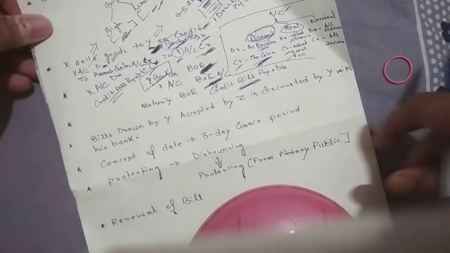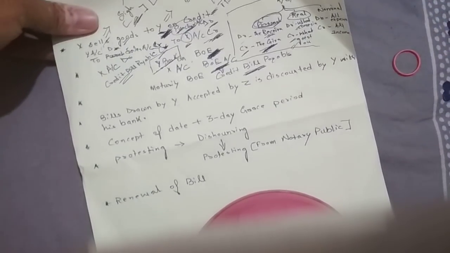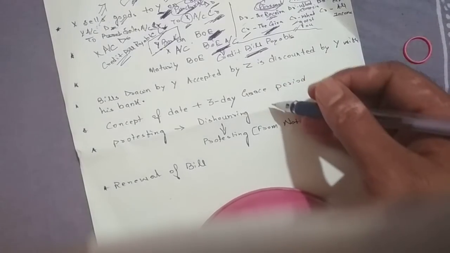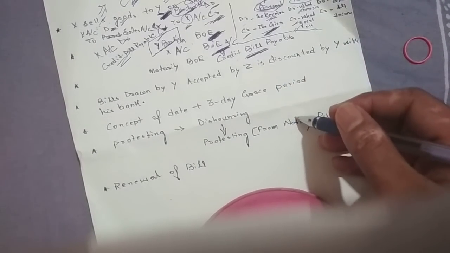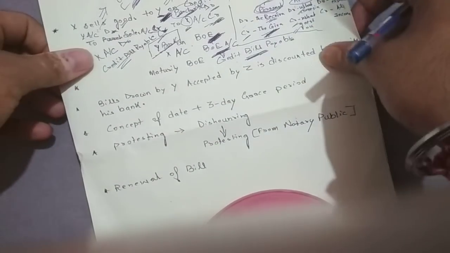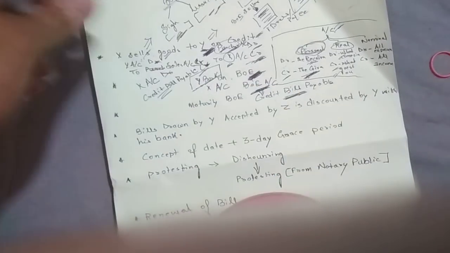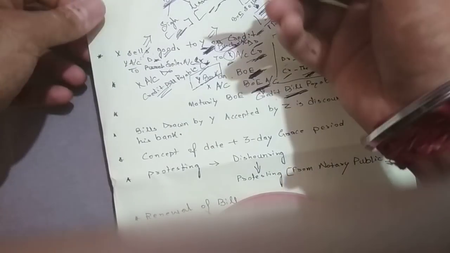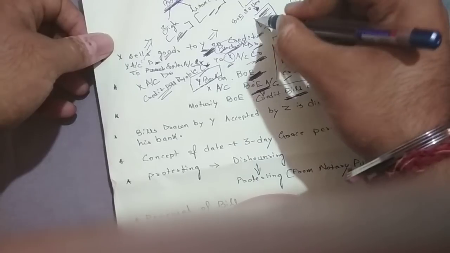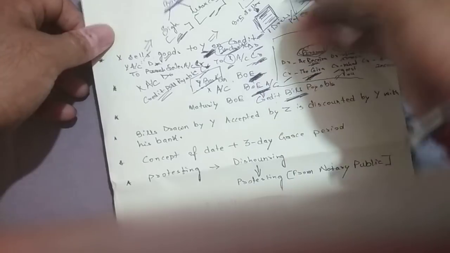Now moving on, this is important. One important thing is that when a bill of exchange is drawn, it can only be enforced when the other person has accepted it. Let's say the seller has made the bill of exchange and sent it to the buyer.